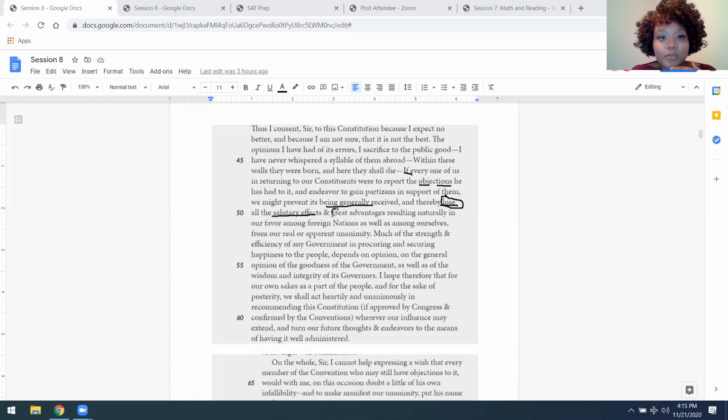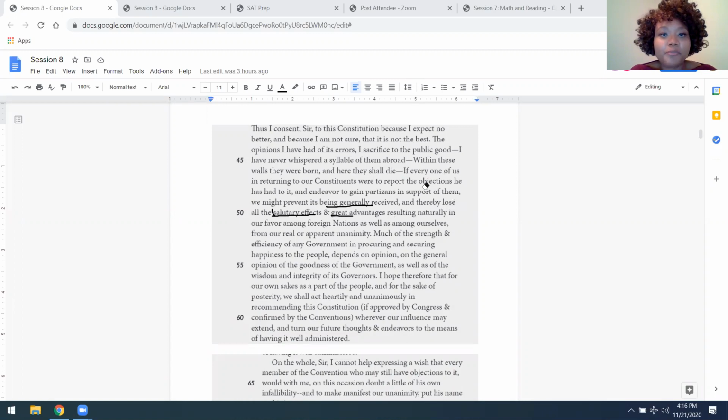He also says we would lose, sorry, that looks terrible, but we would lose all the salutary effects, whatever that means, and great advantages. So right there, we know what great advantages means. So we know that if there's objection to the Constitution, we'll lose whatever this word means and great advantages. So we don't want to object to the Constitution because we're going to lose great advantages.